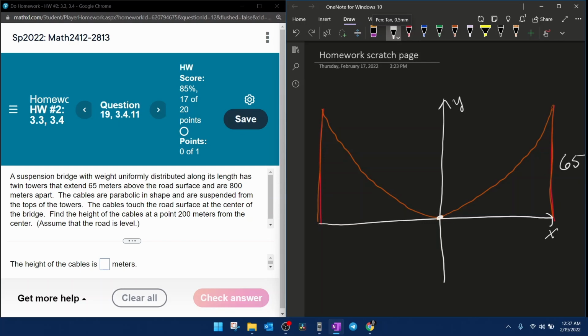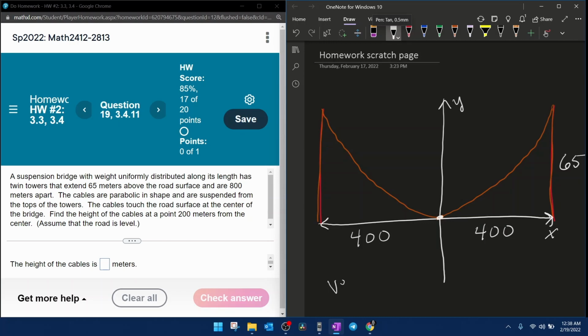So the way that I've constructed this, the distance from the center of the bridge to a tower is going to be half. So each one of these distances here will be 400, giving us a total distance from tower to tower of 800.